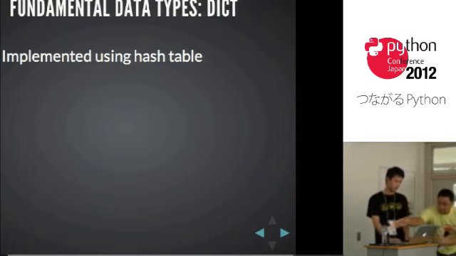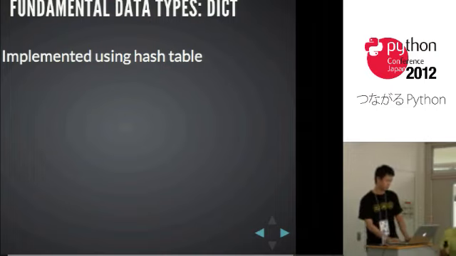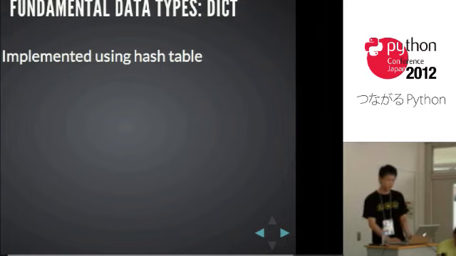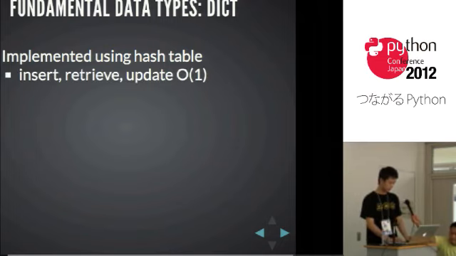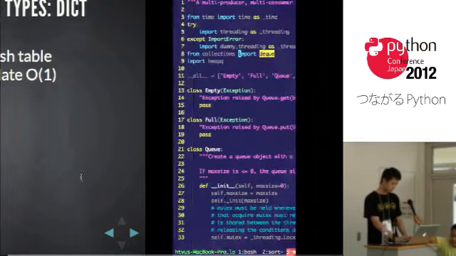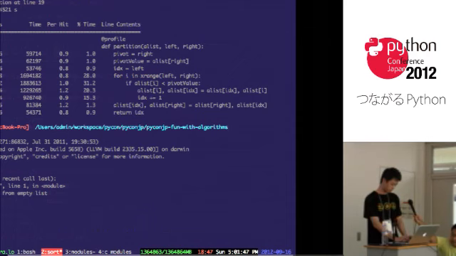Okay. Another data type in Python which is very useful is a dictionary. A dictionary is implemented using a hash table, and all the insert, retrieve, and update take O(1), which is really awesome.